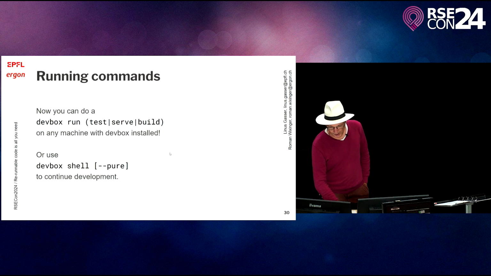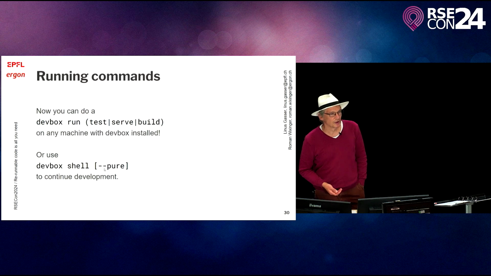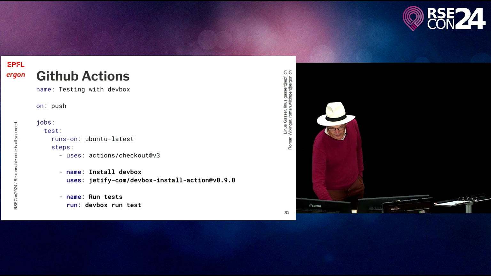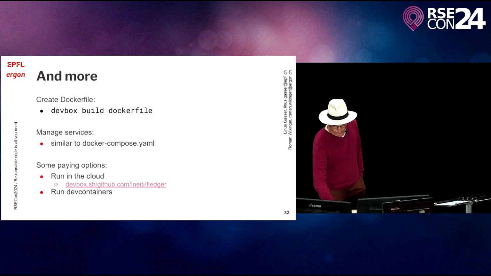Now you can run the commands, and you can also use this devbox shell to continue development. And this works very nice, and in fact, I'm very happy with that. You can also do GitHub Actions. I show that just afterwards, in a bit more detail, how that works. And this is really useful.